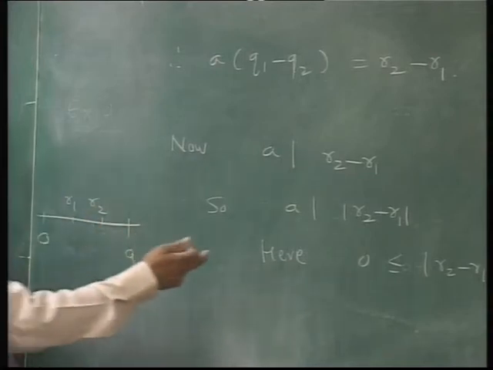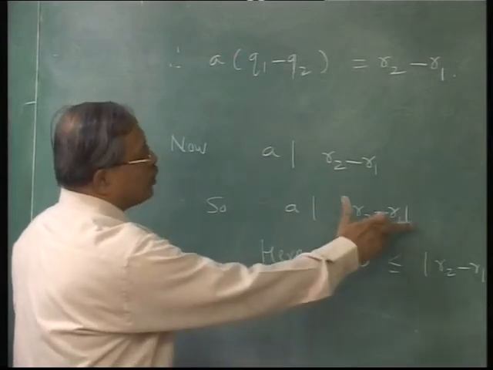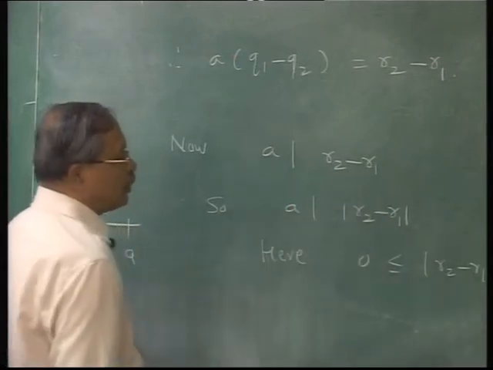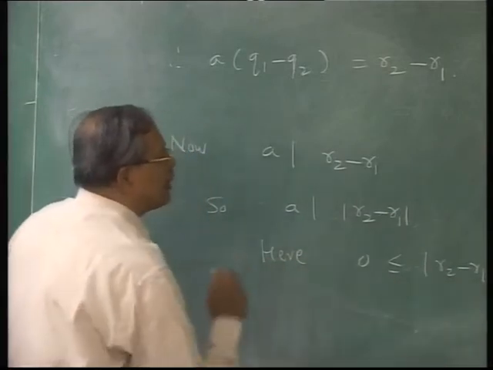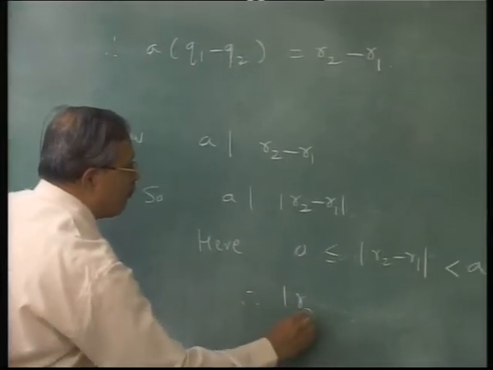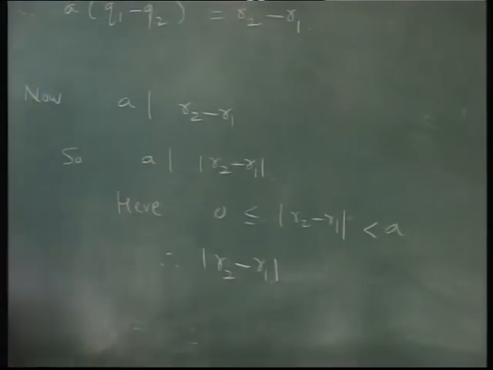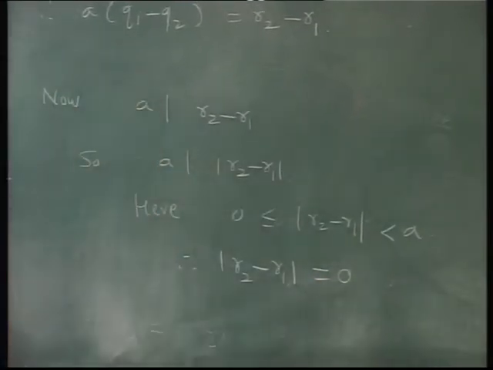So we have this property, and a divides this. Okay, a divisor is smaller, so if it is positive, then it will be smaller. So that means this r2 minus r1 is going to be 0. So mod of r2 minus r1 will be 0.